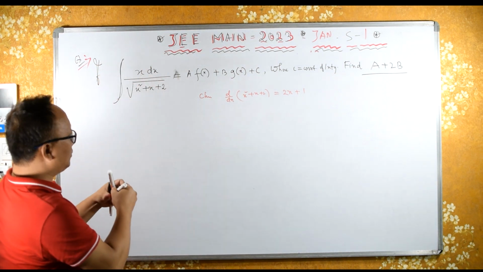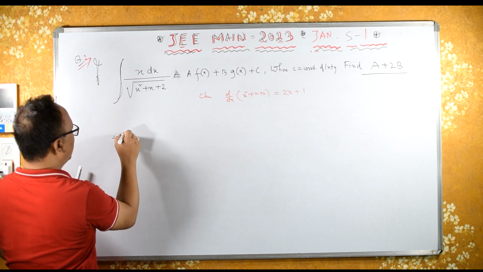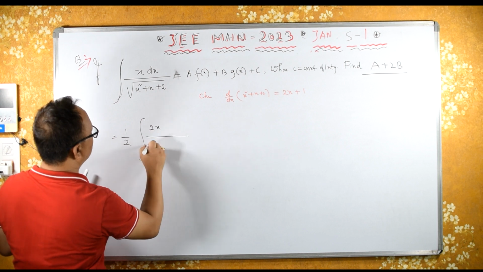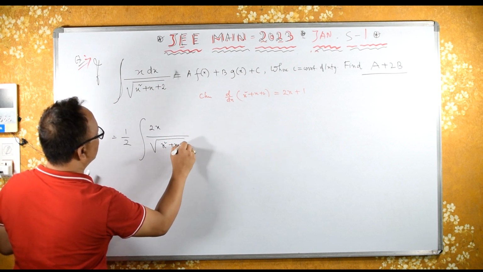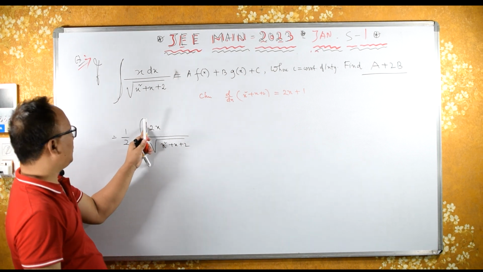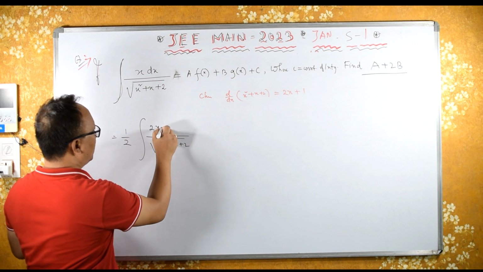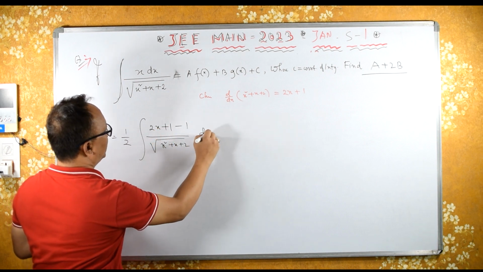Okay, now let's do one thing. Let's divide numerator and denominator by 2. This is the same as 1 by 2. I need twice x upon square root of x square plus x plus 2. So these two and these two get cancelled. So I need twice x plus 1, so plus 1 minus 1 dx.